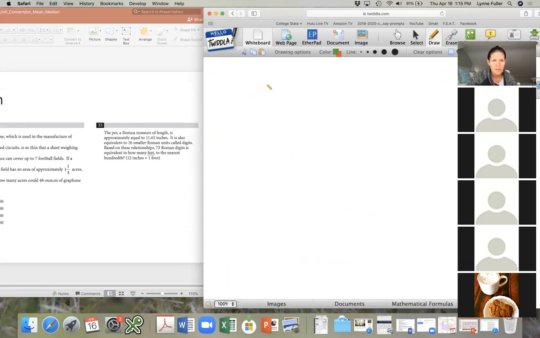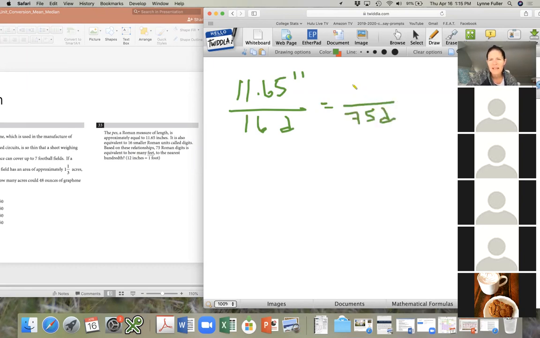Okay, so the pes is 11.65 inches, and it's equivalent to 16 digits. Based on the relationship, 75 Roman digits is equivalent to feet. So 75 digits, let's start off by answering how many inches that would be, and then we'll go and convert into feet.